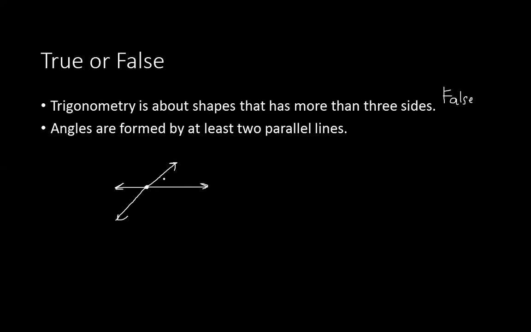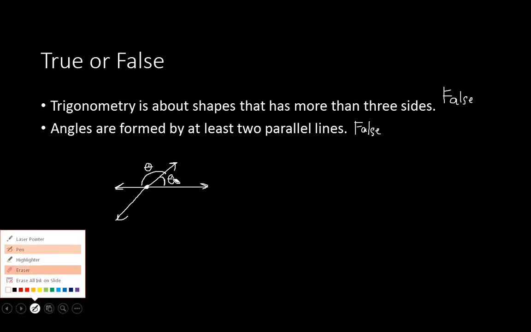And with that, you can already form an angle. As long as there's an intersection at a common endpoint, then you can have an angle. So to answer this statement, this is actually false.